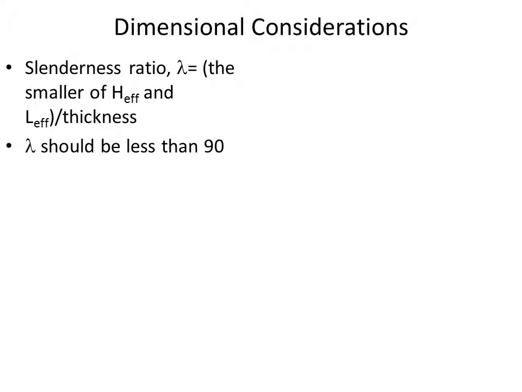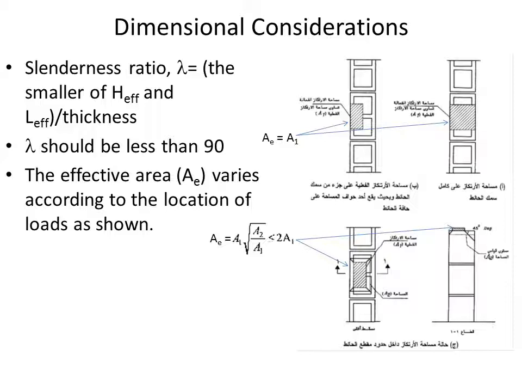In most cases, you will not find a slenderness ratio exceeding 90. This issue of the effective area comes into the picture when we are talking about the concentrated load.